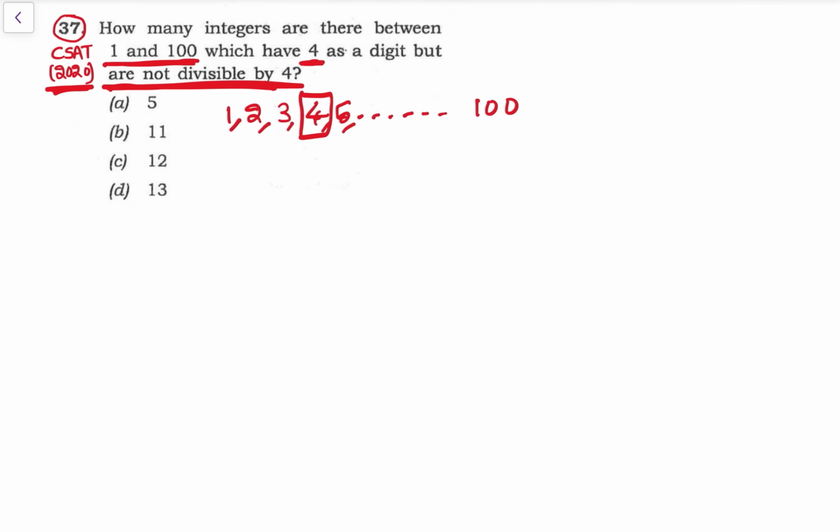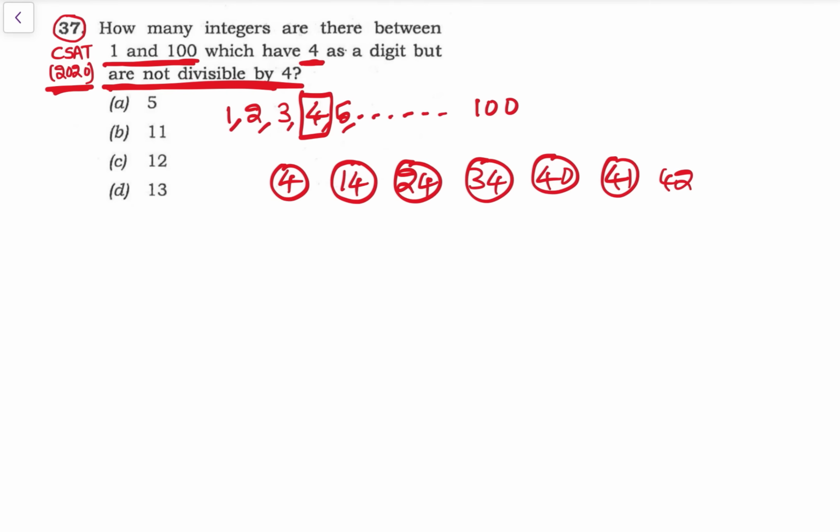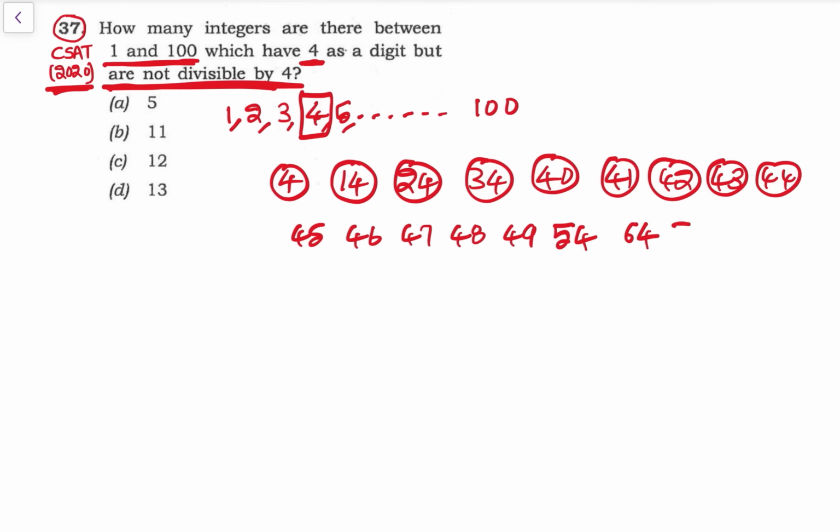Then 24, 34, then 40, 41, 42, 43, 44, 45, 46, 47, 48, 49, then 54, 64, 74, 84, 94. Among these, we need those not divisible by 4. See, 4 is divisible by 4, we want not divisible.